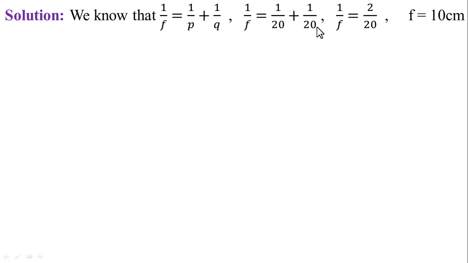Taking the LCM, 1 over F is equal to 2 by 20. Taking reciprocal on both sides, this implies that F is equal to 10 centimeter, because 20 divided by 2 is equal to 10. So the focal length F is equal to 10 centimeter.